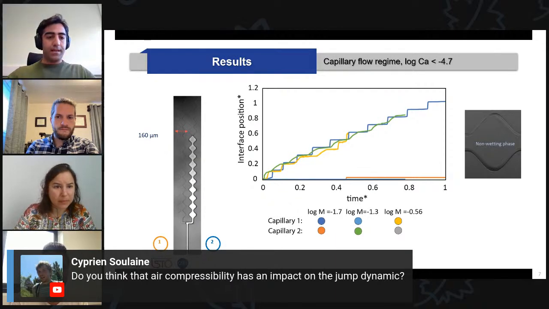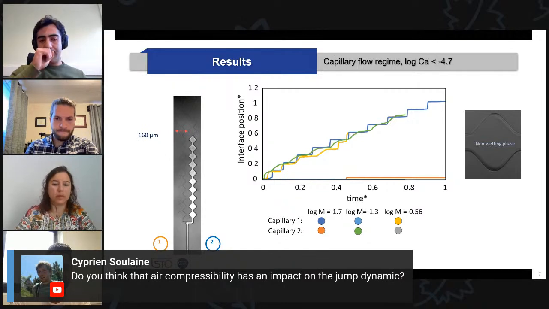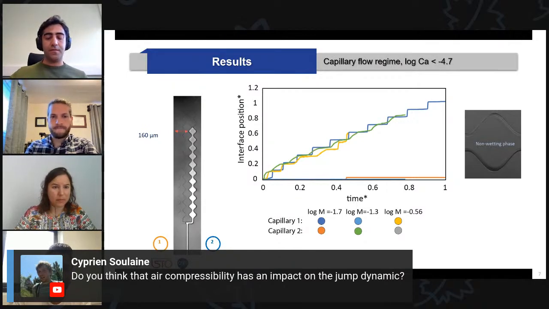But in fact, I would say maybe it has a slight effect on the interface movement, because we can see the same trend in all the other experiments. But I also would say that because the gas expansion is only for one single pore, maybe the effect of the gas is negligible here at very low capillary numbers. But definitely, if we can choose a set of incompressible fluid pairs to test this, that would be great.